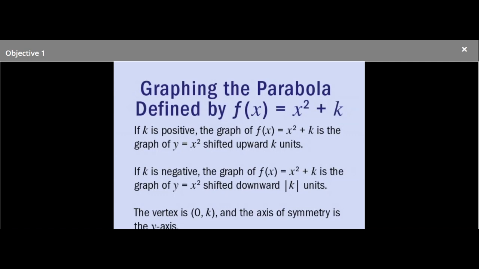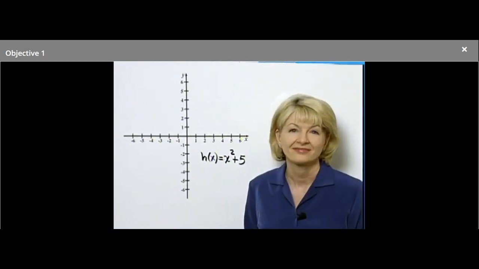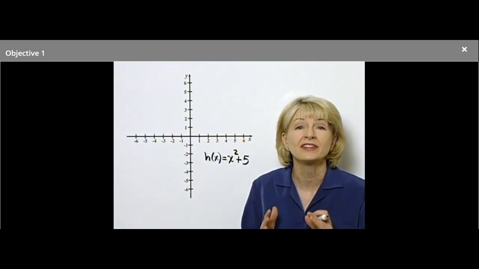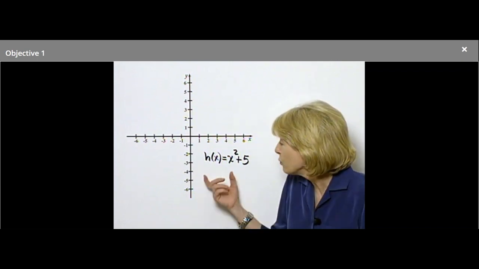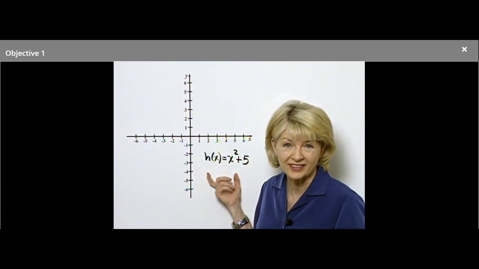If k is negative, the graph of f of x equals x squared plus k is the graph of y equals x squared shifted downward the absolute value of k units. The vertex is 0, k, and the axis of symmetry is the y-axis. Now that last sentence will naturally follow if we just shift correctly.